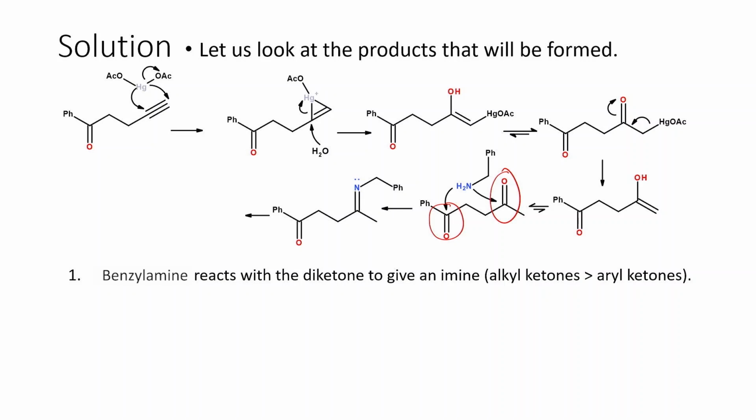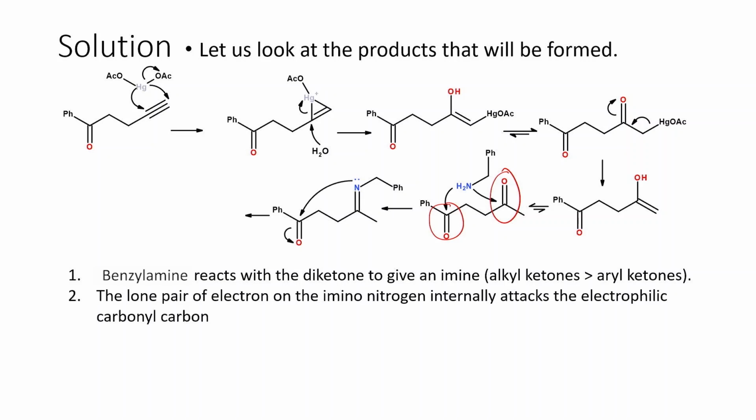And of course we know the alkyl ketones are more reactive than the aryl ketone, because in the case of aryl ketone, resonance is possible. When there is resonance, the reactivity is going to be a little bit less, because it's a more stable species. When a species is more stable, it doesn't generally undergo reactions in many cases.